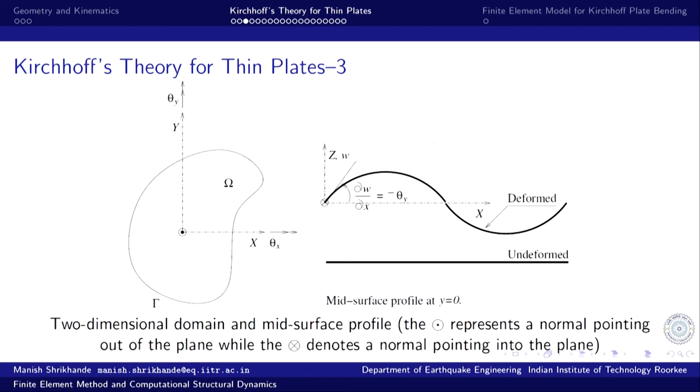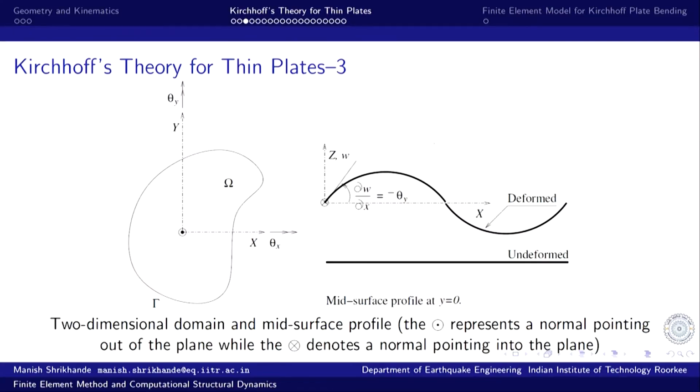So, this is what the deformation field is. Theta x is the rotation. This double arrow notation is such that the positive sense is when the right hand thumb points in the direction of the arrow, then the direction of curl of the fingers is the sense of rotation. So, this is theta x rotation and this is theta y rotation, rotation about the y axis, if this is the x axis and this one is the y axis. If you look at it, theta x will lead to deformation.